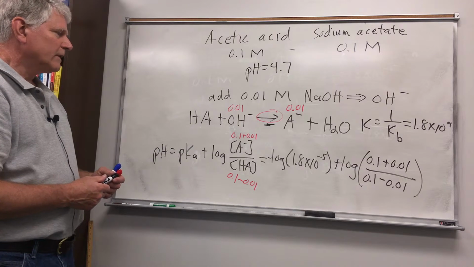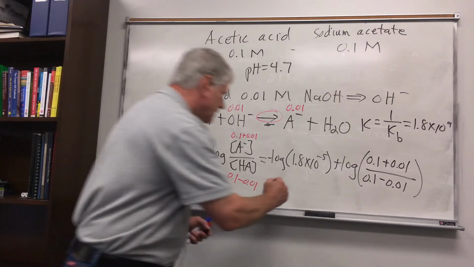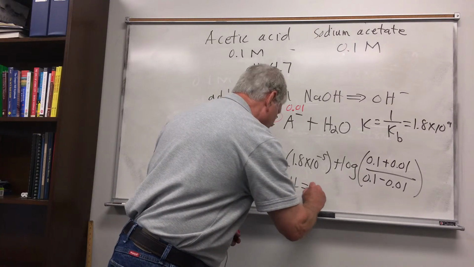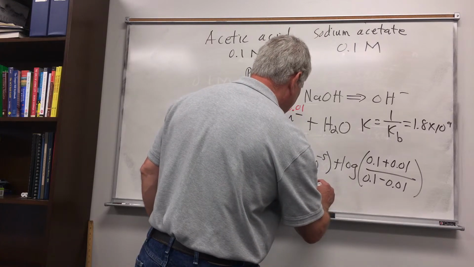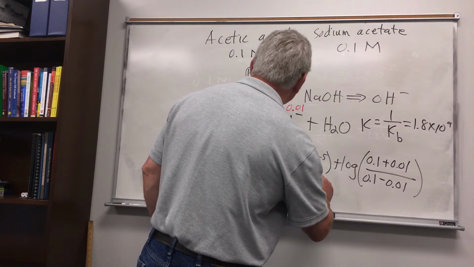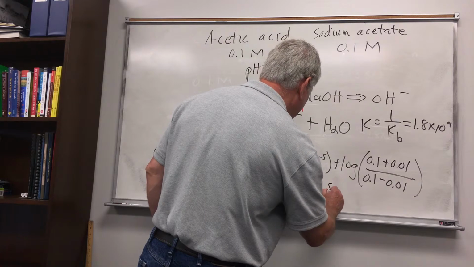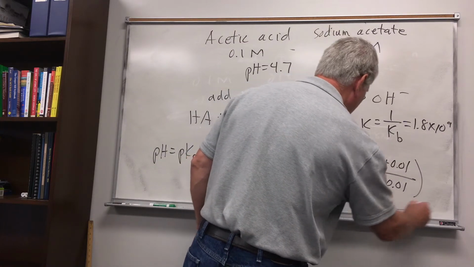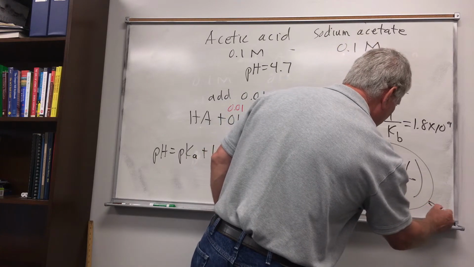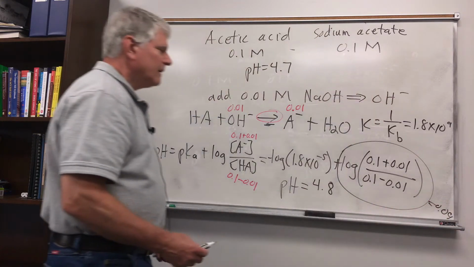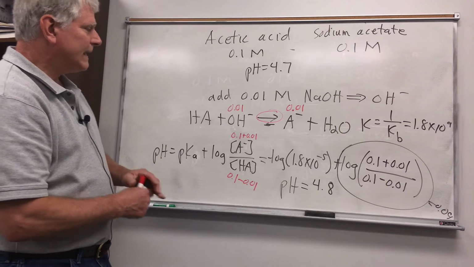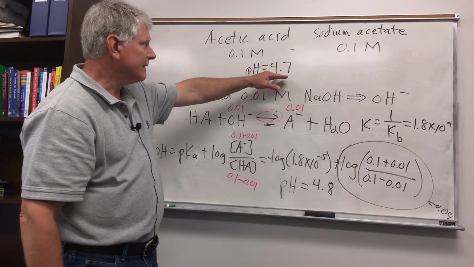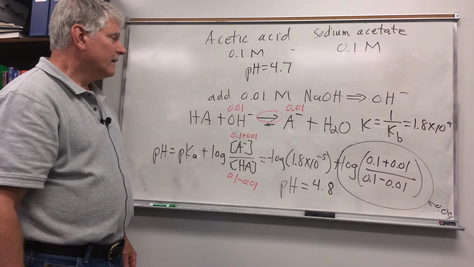And we can calculate the pH. So this gives me a pH of 4.8. So this term right here is equal to 0.09. So we're just raising the pH up by about 1/10 of a pH unit.